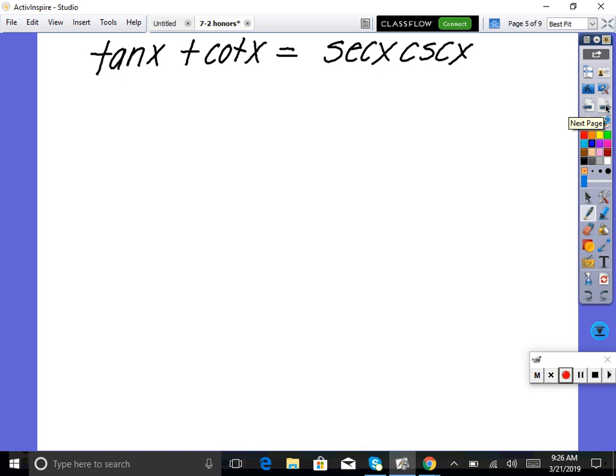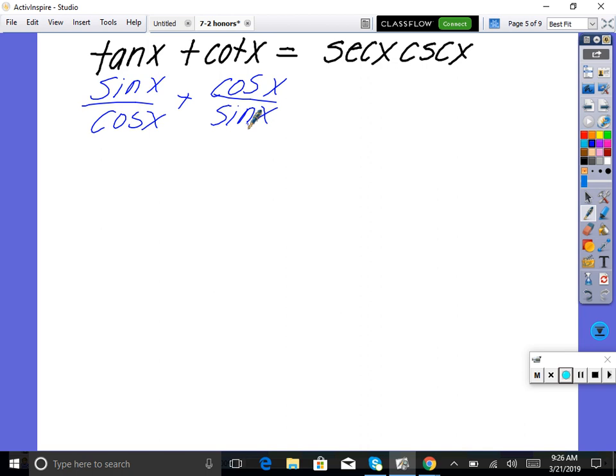Okay, what would you do here, personally, if it was you? So you'd call that sine of x over cosine x, somebody would, anyways. Okay, then what would you do? So you do sine x, cosine x, cosine x.